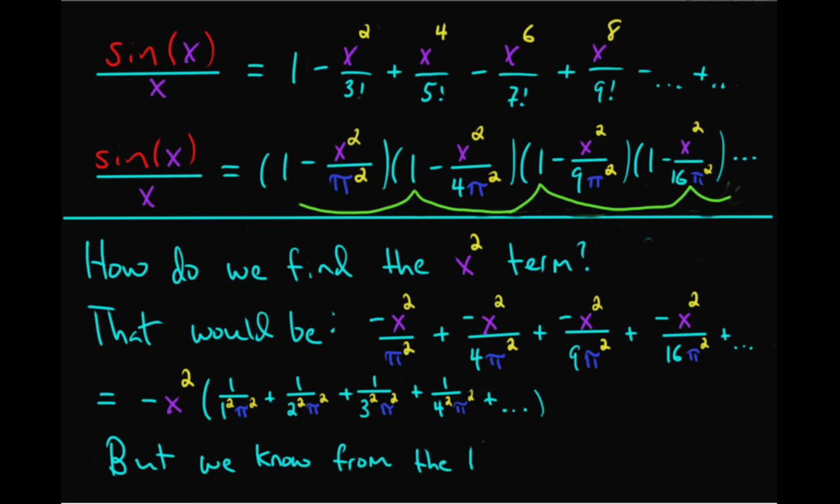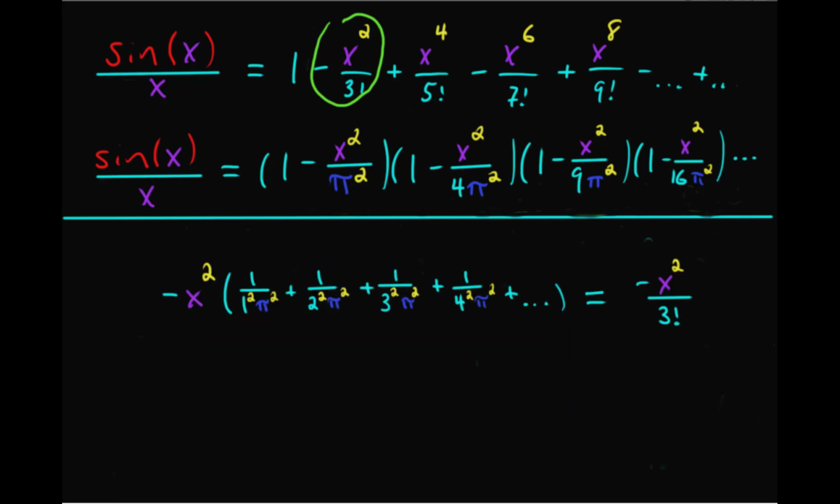So we know that negative x squared times, open parenthesis, 1 over 1 squared times pi squared plus 1 over 2 squared times pi squared plus 1 over 3 squared times pi squared, dot, dot, dot, must equal negative x squared over 3 factorial, because those are the only two terms in both of these expressions that have an x squared in them.